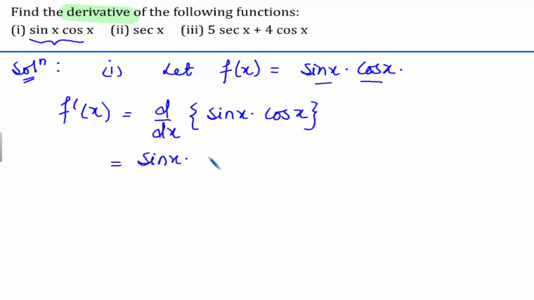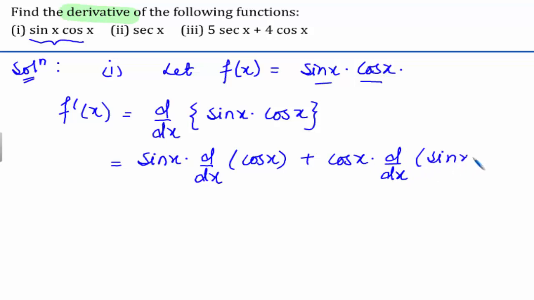and this is equal to sin x, and derivative of cos x is minus sin x plus cos x, and derivative of sin x with respect to x is cos x.